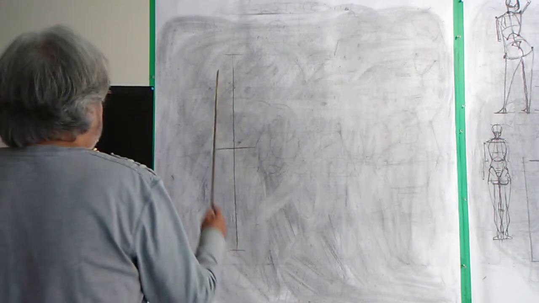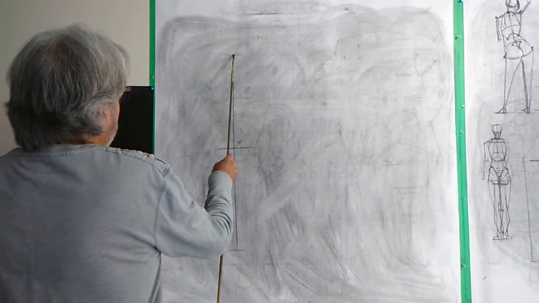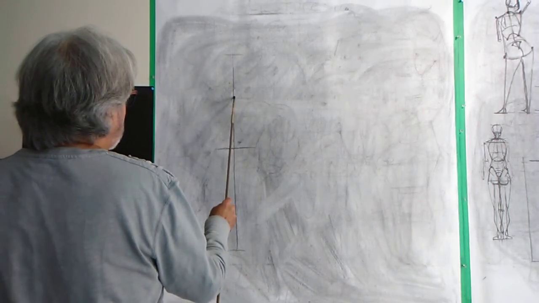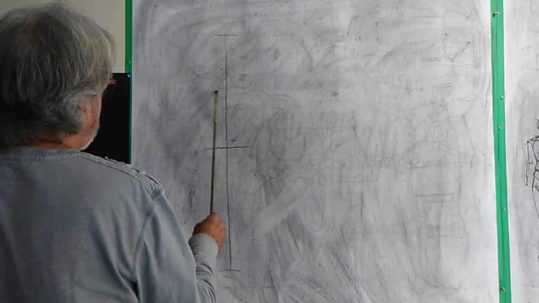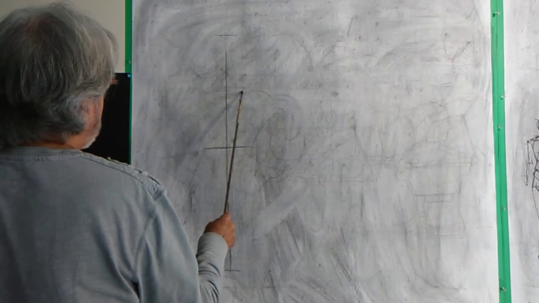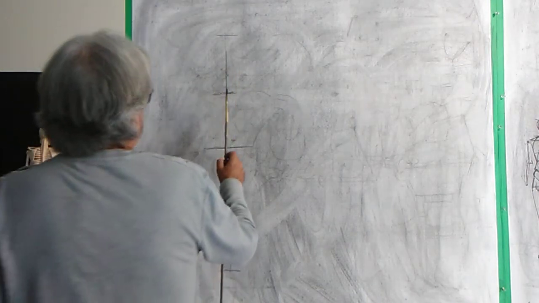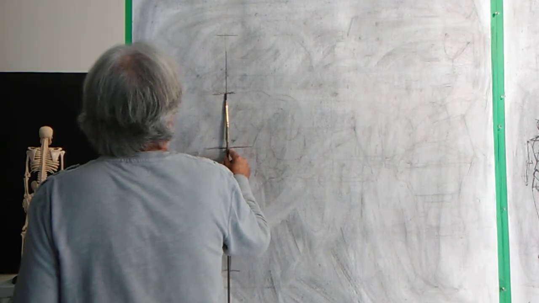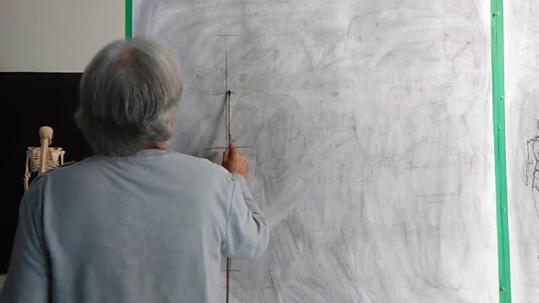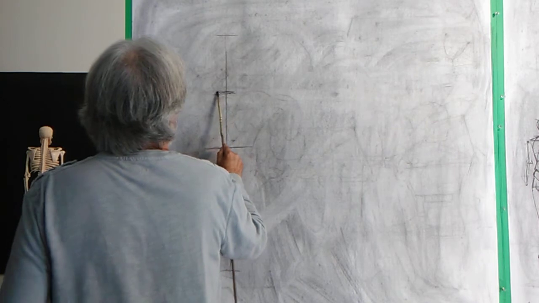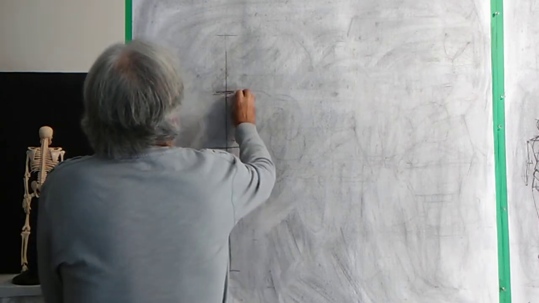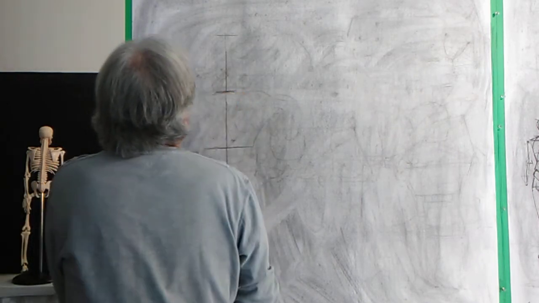Now, if we take this division from our head to the pubic bone and break it down again in half, all of you search for that halfway mark. I'm going to search for it. I think it's a little low, so I'm going to raise it up just a shade. Make sure it's fairly accurate.